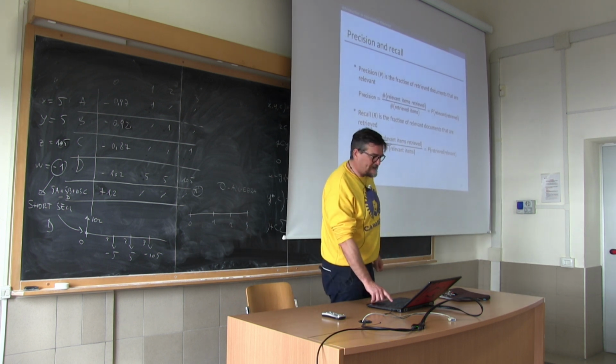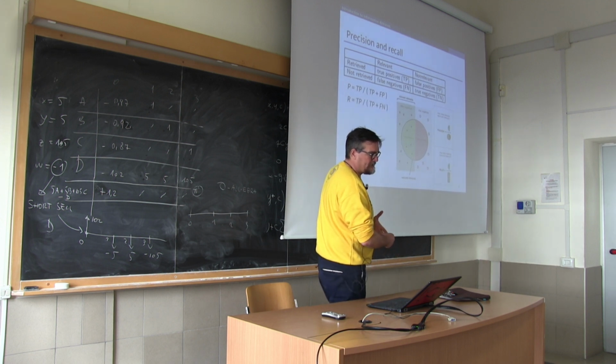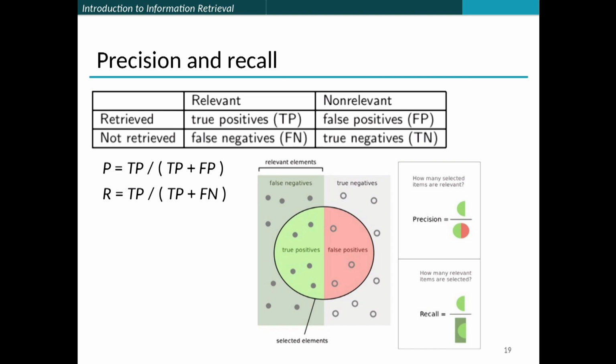Basically, we can see this picture in which you can have either retrieved or not retrieved documents, and either relevant or non-relevant documents. We call a retrieved and relevant document a true positive. We call a false negative a document that is relevant but not retrieved.